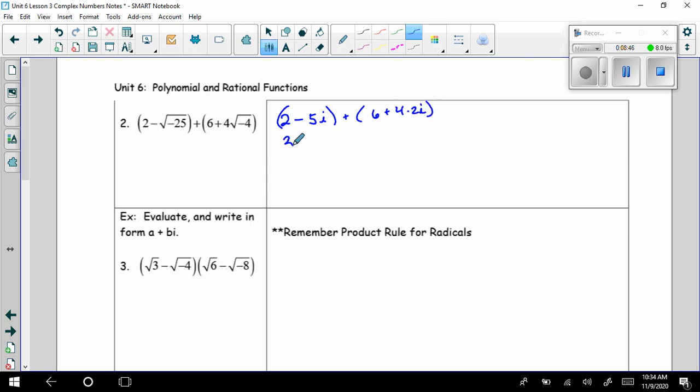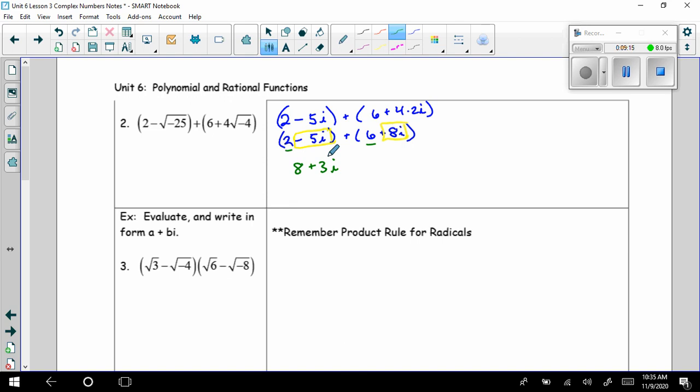And so simplifying that one step further, I have 6 plus 8i. Now I'm adding my like terms. I don't have to rewrite it every time, but make sure you know which terms are like. So 2 plus 6 is 8, and then negative 5i plus 8i is positive 3i. Okay, you can rewrite and group those together if you need to.